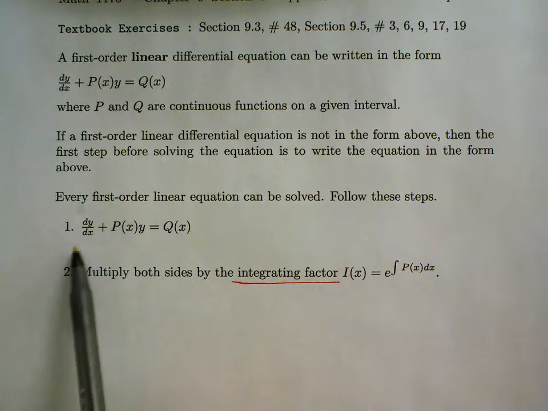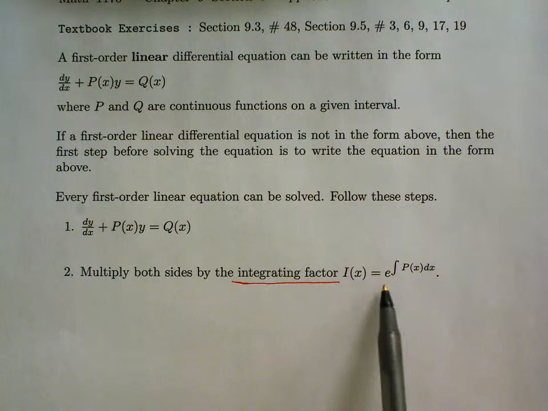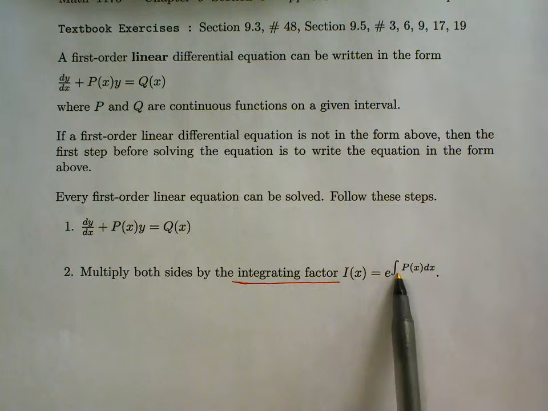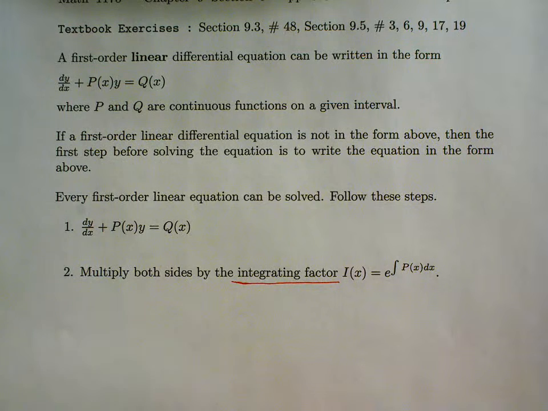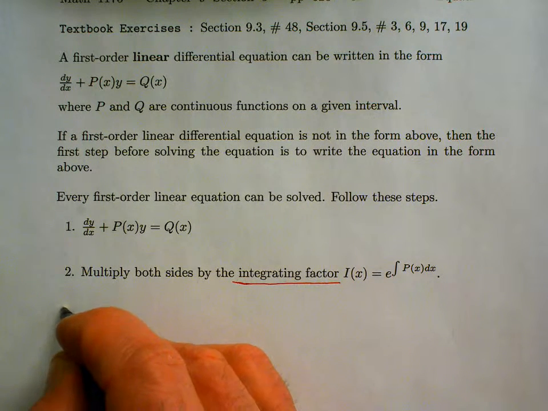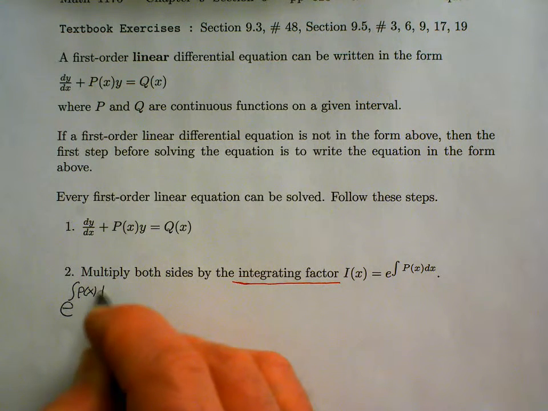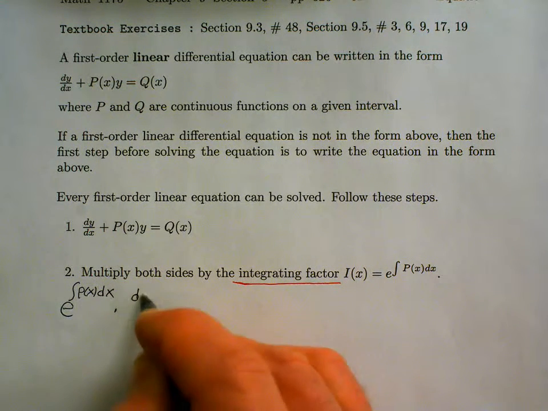Okay, so we'll go through the steps. We'll multiply every term on both sides of this by e to the integral of p of x dx. So we get e to the integral of p of x dx times dy/dx.